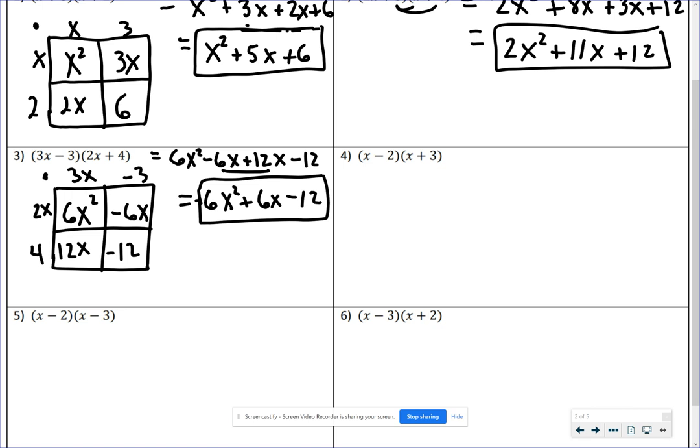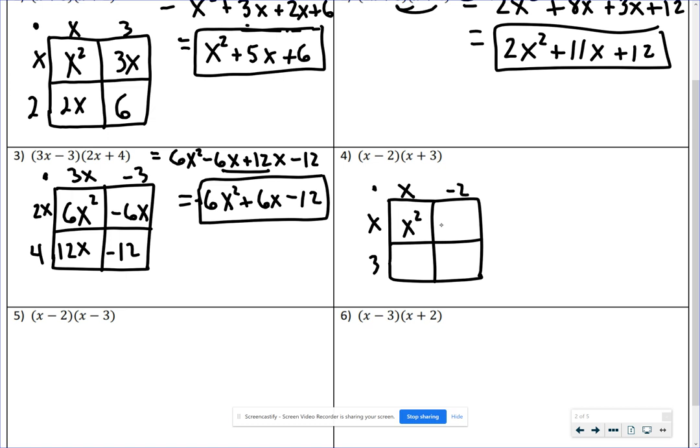Now for number 4, again, I'm going to use the box for all these. You're welcome to use the distributive property if you want. I need a 2 by 2 box because I have a binomial multiplying with a binomial. Notice the negative in front of that 2. x times x, x times negative 2, x times 3. And we're just multiplying here and here.